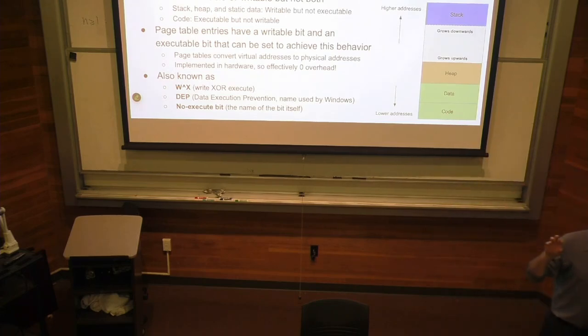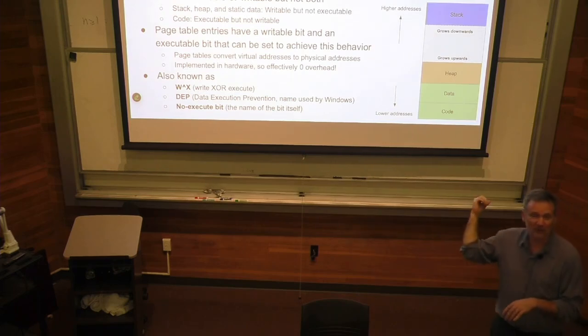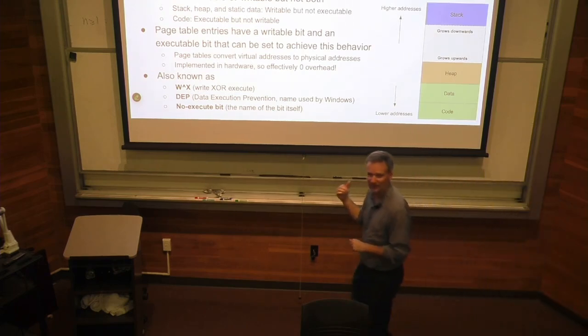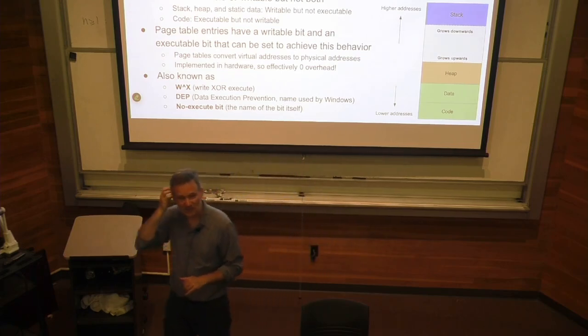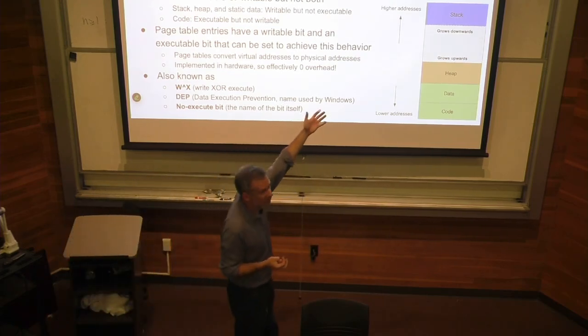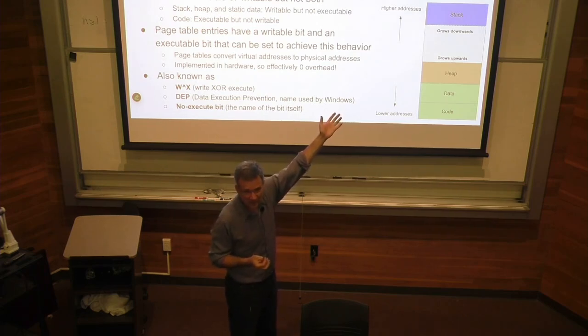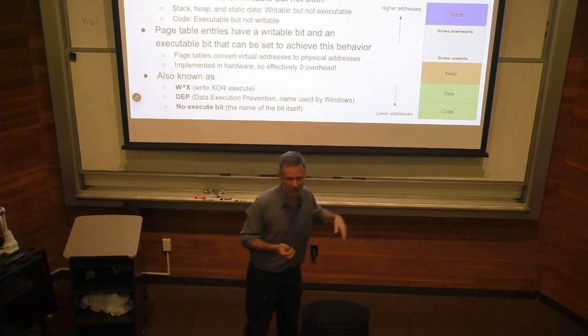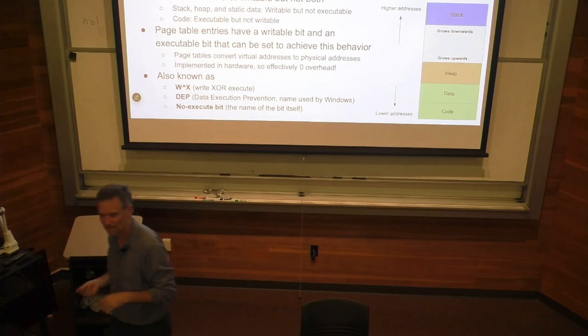There's no region of memory that can both be written by the program and executed by the program, which ensures that the program will only execute code that was already there at the start. So it basically prevents an attacker from executing malicious shellcode. The attacker can copy malicious shellcode into the stack, but they can't execute it. They can't copy malicious shellcode into the code region because it's non-writable.